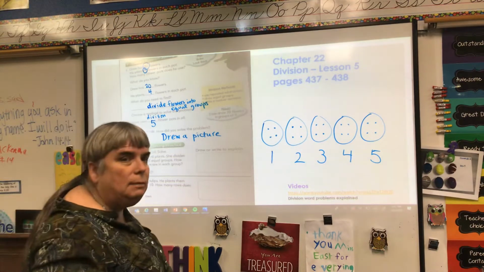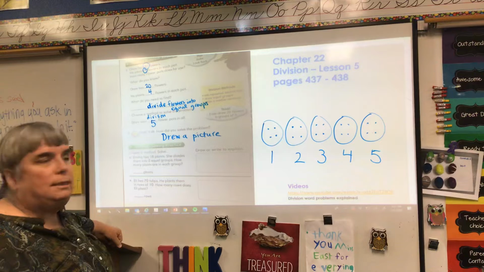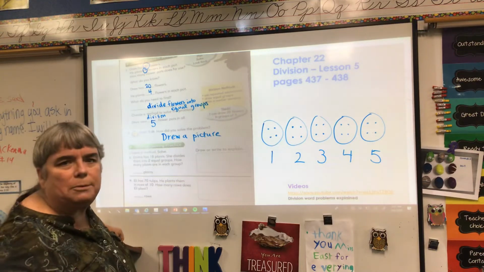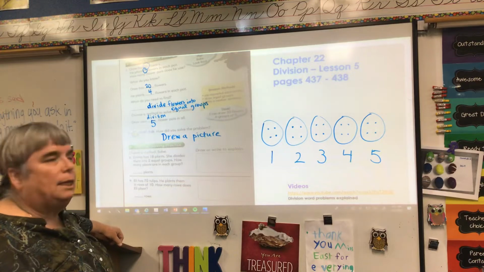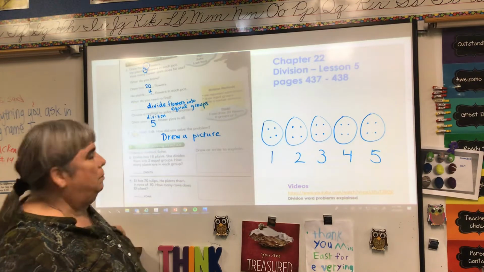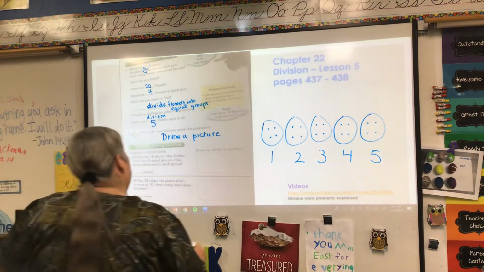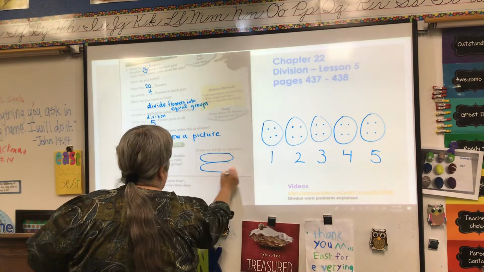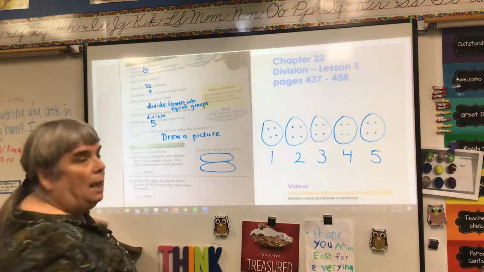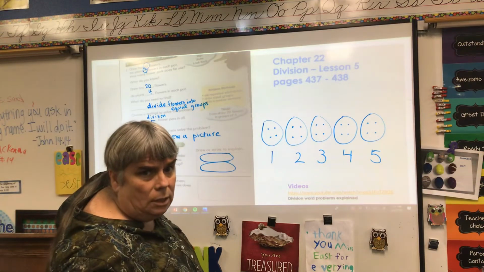Emma has 18 plants. She divides them into 2 equal groups. This reminds me of a problem we had yesterday. How many plants are in each equal group? So I'm going to do the same method, but I know there are 2 equal groups, and I know there are 18 plants altogether.